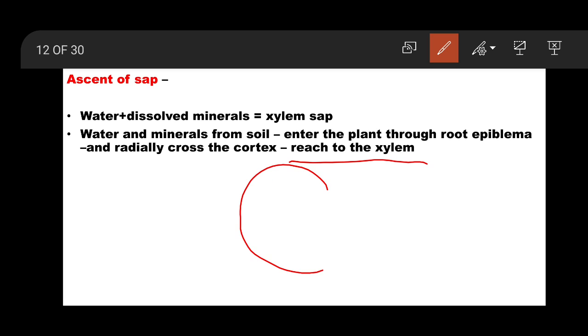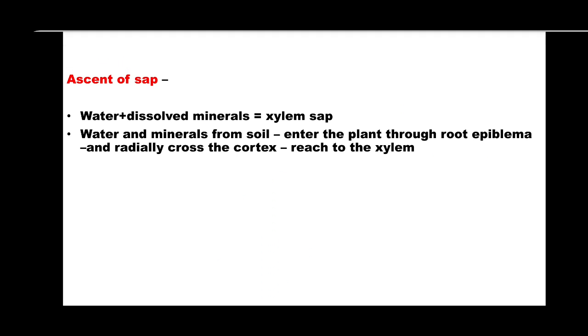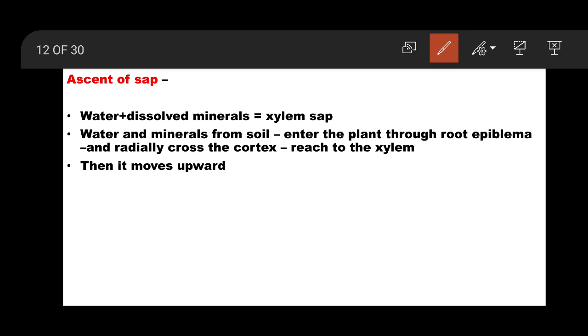So it moves radially, from outside to inside, to the innermost layer where the vascular bundles are situated. Water finally reaches one of the vascular tissues, the xylem. Xylem is known as the conducting tissue, which conducts water and minerals in plants.